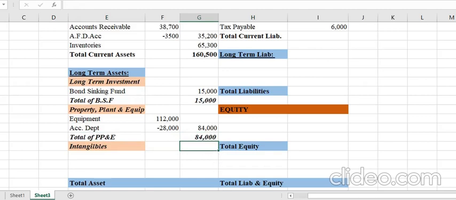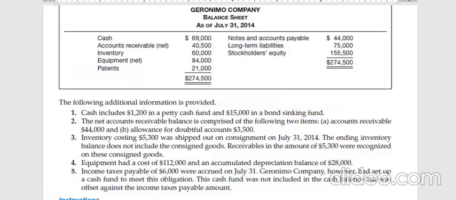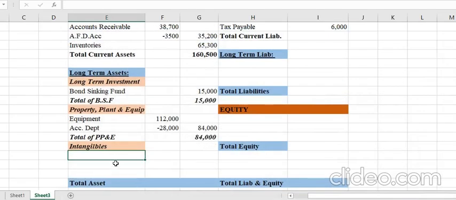Then what do we have inside the intangible assets? Cash is done, account receivable is done, inventory is done, equipment is done, patents are remaining. Patent is an intangible asset worth $21,000, and there is no information given to us on the patent, which means the patent remains the same.